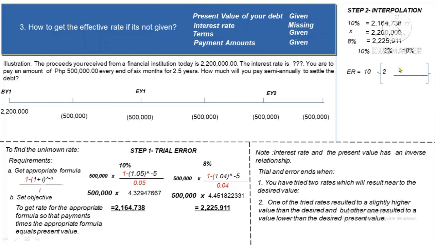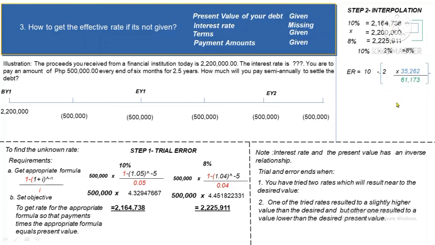And that fraction is, the numerator is the first and the second amount, which is 2,164,738 minus 2.2 million. Supposedly, the answer is negative. However, we are interested with the positive values or the absolute value. So we have positive 35,262. And the denominator is the first minus the third.